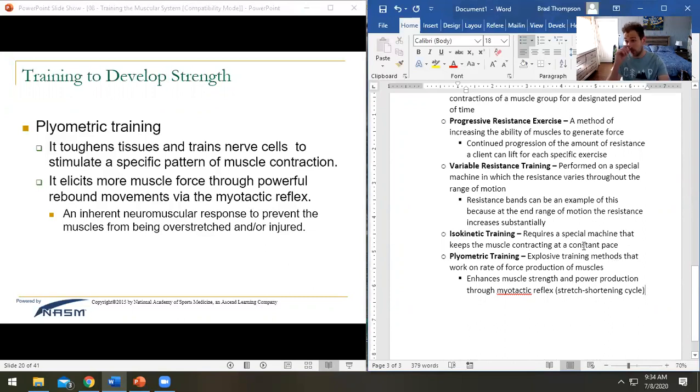This can be a really great way to keep you from overstretching your muscles, because it can enhance your nervous system's ability to work against that.